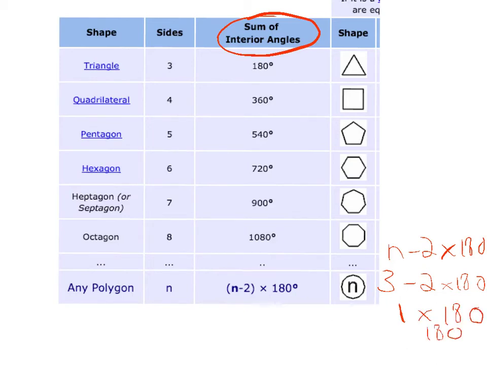So the total sum of angles is 180 degrees. Before we can calculate angles in a polygon, we need to know the sum of the angles. So this little chart will be useful to you, and you've also got a paper copy to help you with this.